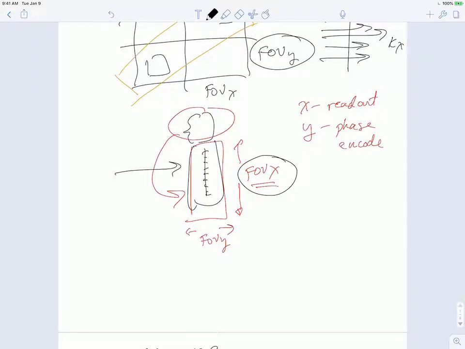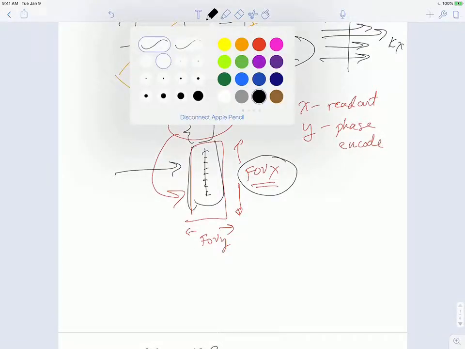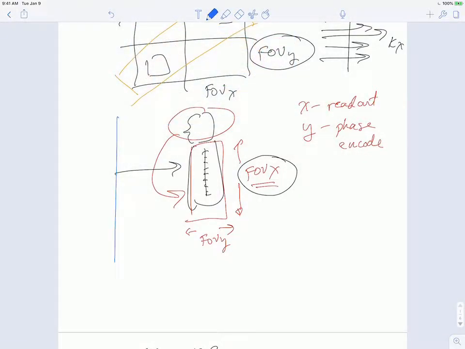And that's where it gets into what we touched upon a little bit in class. Imagine I've got this readout gradient, like that. Okay, so this is a readout gradient. Now this is the x direction because we're defining it as our readout direction. By definition, x is always readout, y is always phase encode.